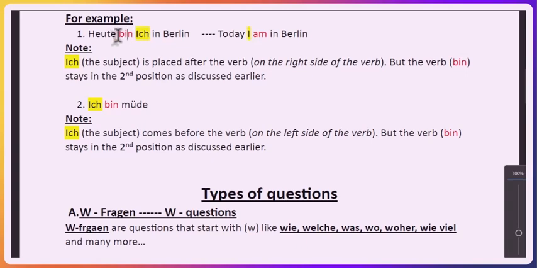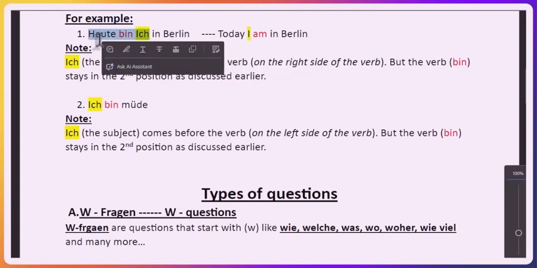Subject needs to be on the right or on the left. The left side will be before the verb, and the right side will be after the verb. They go hand in hand.